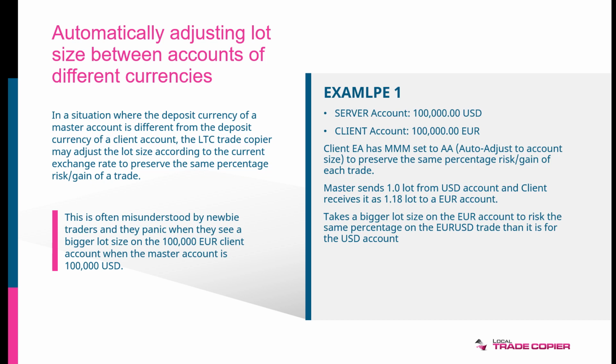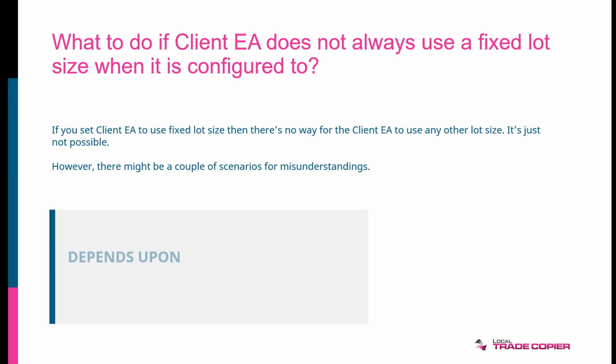That's the way, yeah? So the client takes a bigger lot size on the euro account to risk the same percentage on the euro dollar trade as on the USD account. Obviously, this might be different for different deposit currencies or different instruments as well, yeah. But looking at the euro dollar trade on the master and client of dollars and euros, that would be the basic example, yeah.